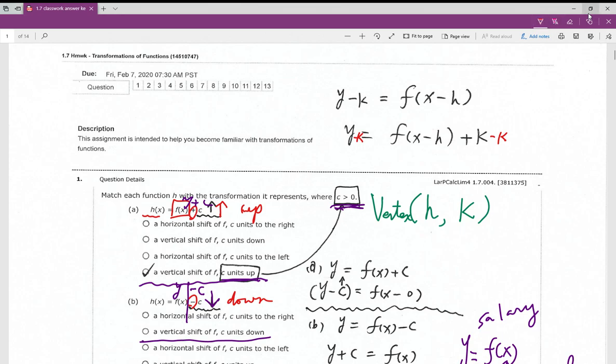These two cancel out, this two is gone, and you have this one. Same thing. So actually the original formula is take away h, take away k. So when you take away h, take away k, you shift from 0, 0 to hk.